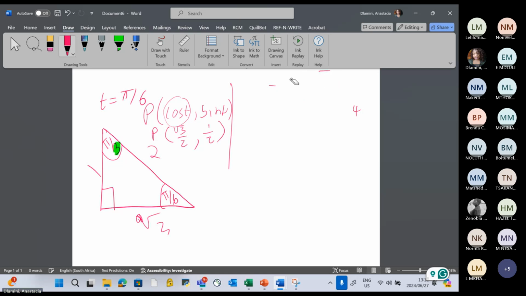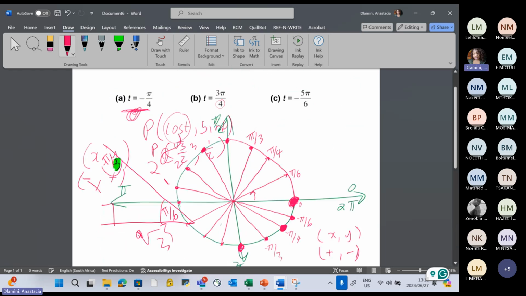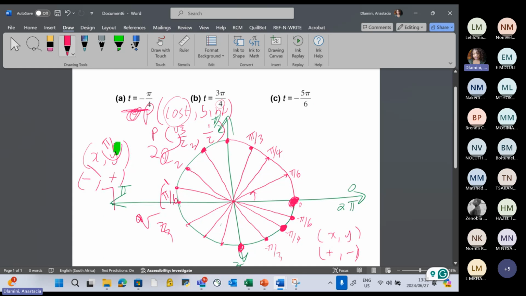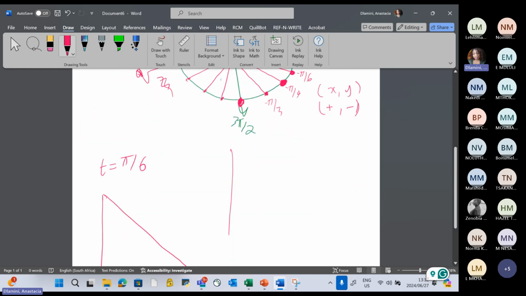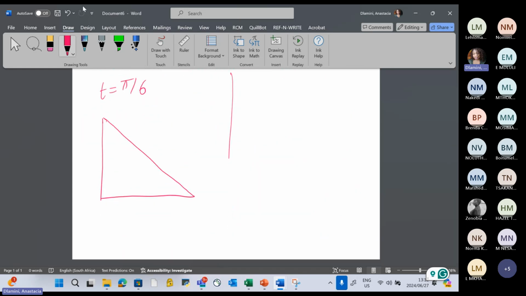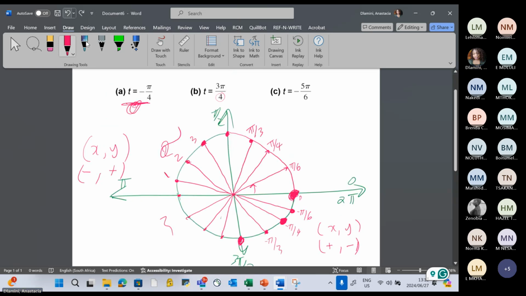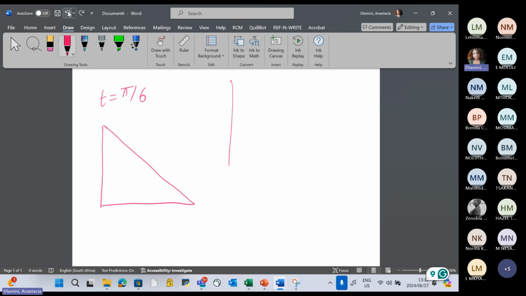Okay, so what are we looking for? We know that this one is negative 5 pi over 6. I don't know what happened.